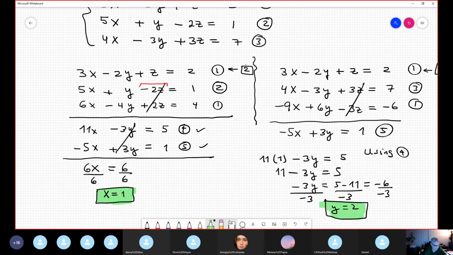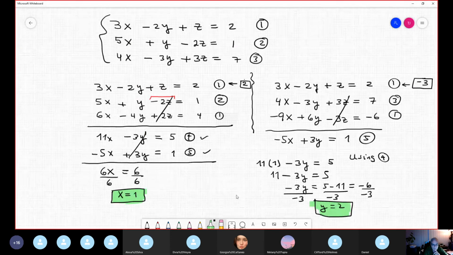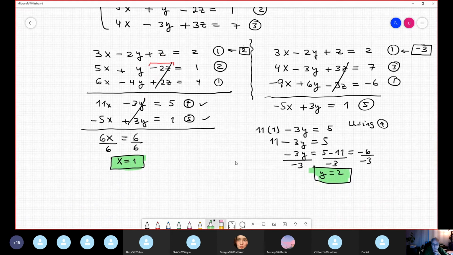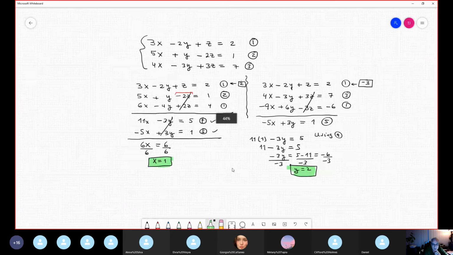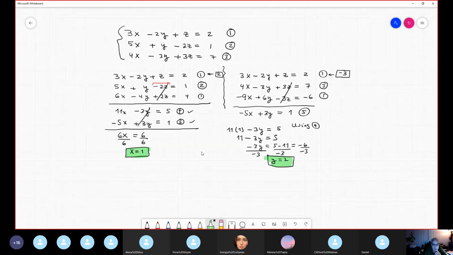Okay, we almost finished. And the class is over when I finish. Okay, so in order to find z, which is the remaining variable, I use equation 1. I don't know why. I use equation 1 original, this one.